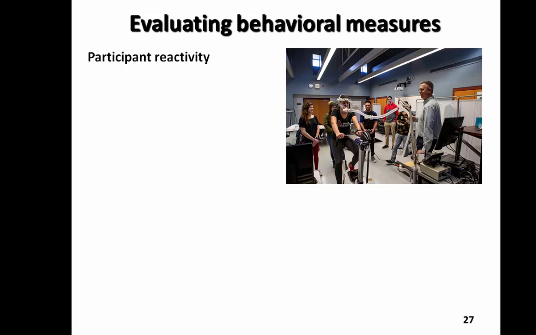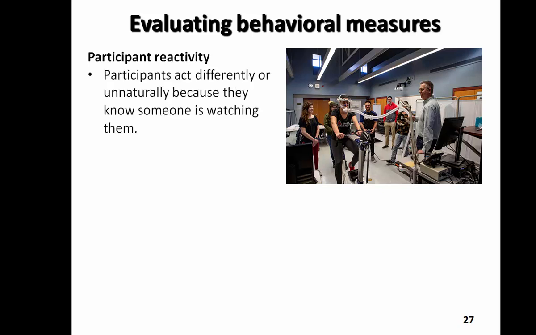One is participant reactivity, where the research participants may act differently or unnaturally because they know someone is watching them. In this photo, we see a person on an exercise bike, and the person's exhaled air moves through this hose and is analyzed chemically.